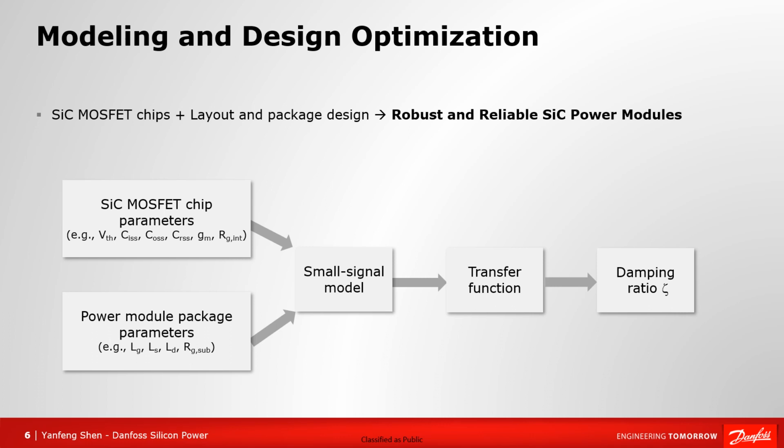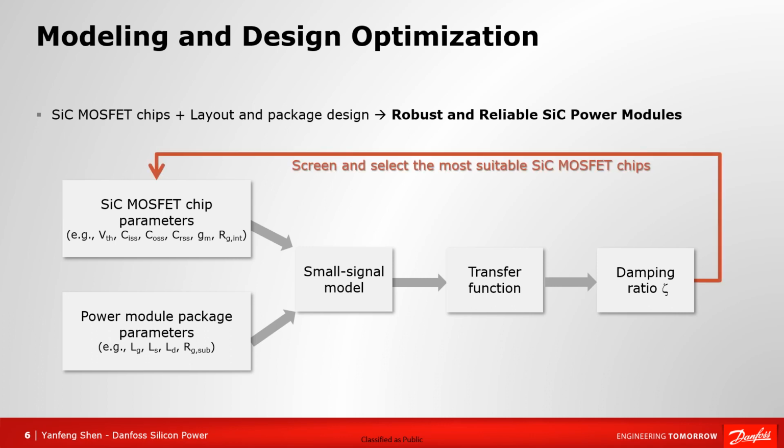Then, how can we increase the damping ratio to improve the stability performance? Yes, we can optimize the chip parameters by screening and selecting the most suitable silicon carbide MOSFET chips. Fortunately, we are chip independent, and this flexibility provides us a significant freedom to choose the optimum chip for specific applications.